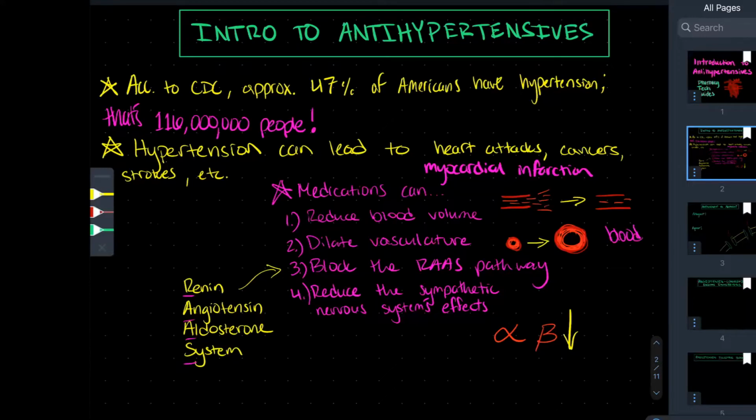That's what your vasculature is. Blood vessels. And then you can also block the RAS pathway, and we're going to talk about that before we get into those medications. Or you can reduce sympathetic nervous system effects, and we'll go over that as well.